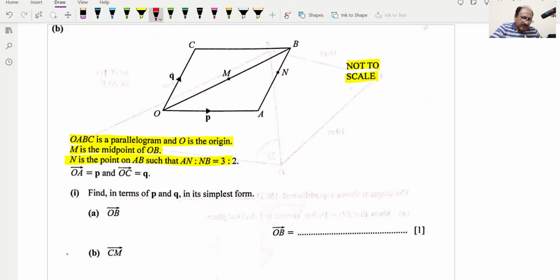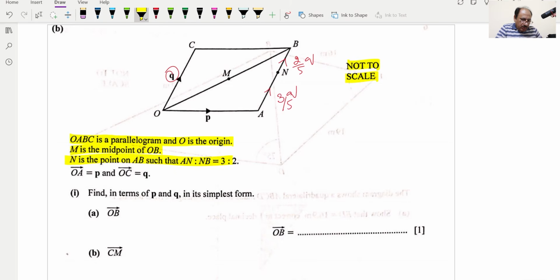So this side is q, so this side will also be q, and this is 3 by 5 and this is 2 by 5 of q. So we can write 3 by 5 of q, and this one we can write 2 by 5 of q, and keep in mind this direction will be this one.